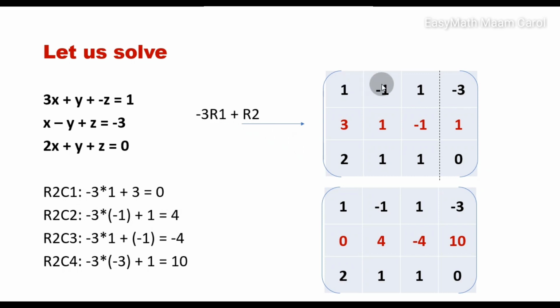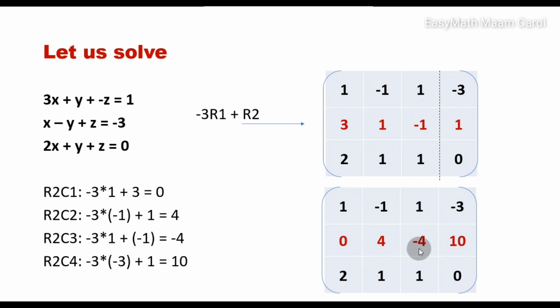Tingnan natin naman dito sa matrix kung yun nga yun talaga. So, negative 3 times negative 1 is positive 3 plus 1 equals 4. Kaya napunta siya dito. Okay? Next, negative 3 times positive 1, that's negative 3, plus negative 1. So, negative 3 plus negative 1 is negative 4.